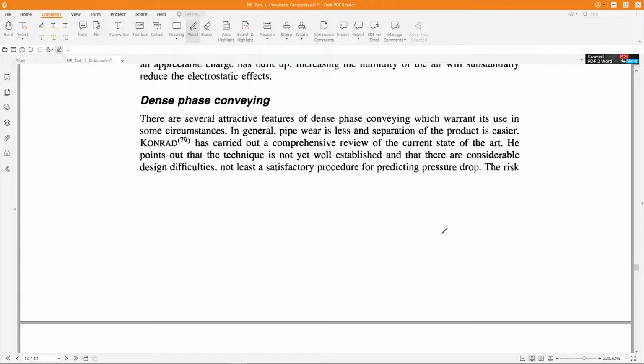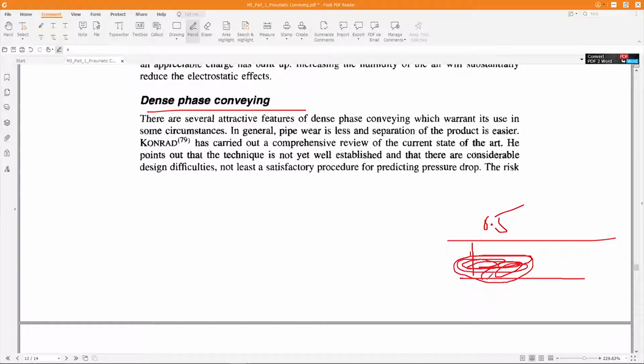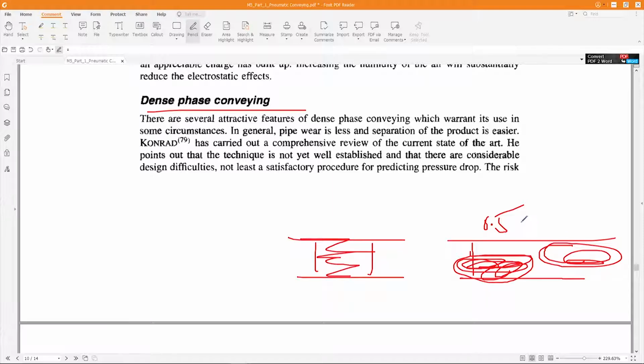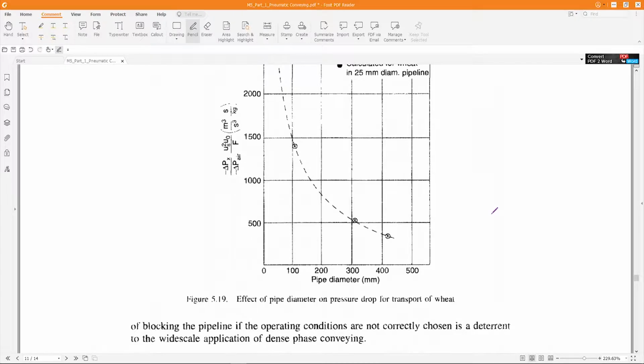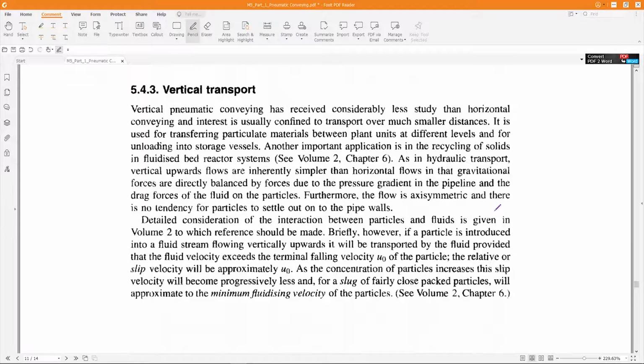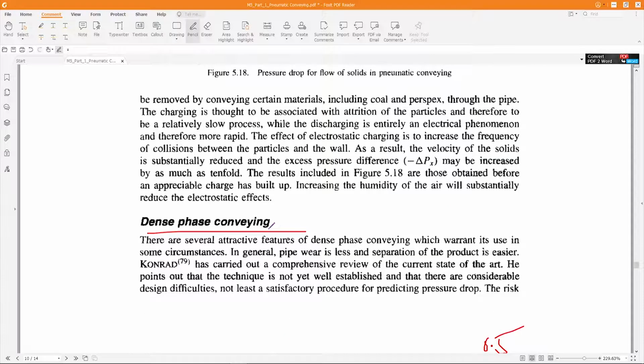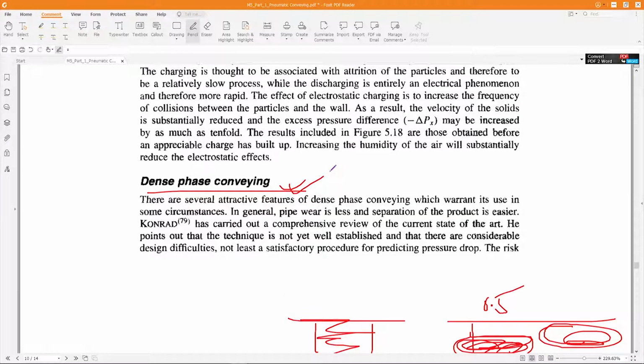Now, the dense phase conveying, as we already discussed, has a volume fraction of solids of 0.5, and the solids almost move as a slug, chunks of solids together, or maybe like a complete block. For dense phase conveying, it is very difficult to predict.